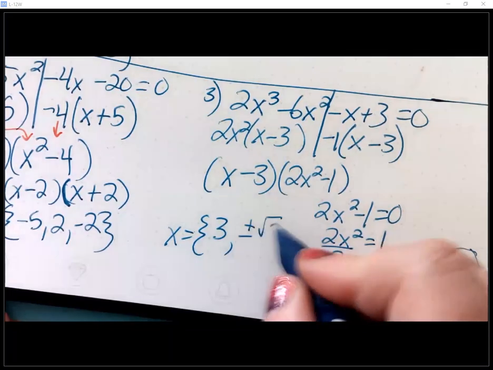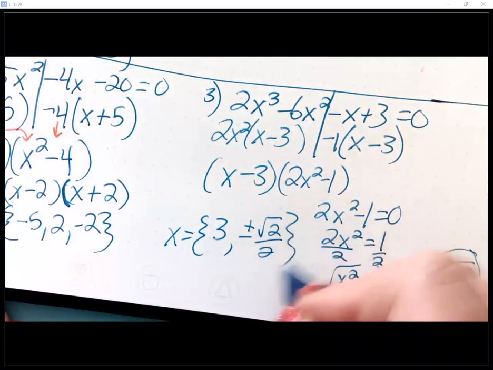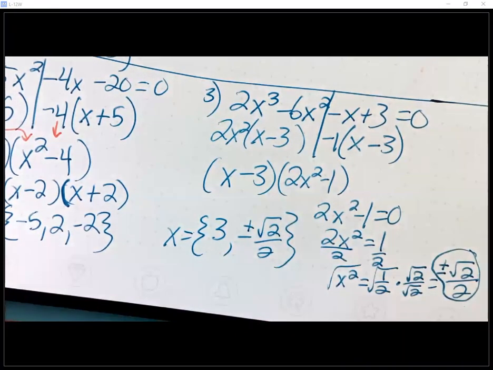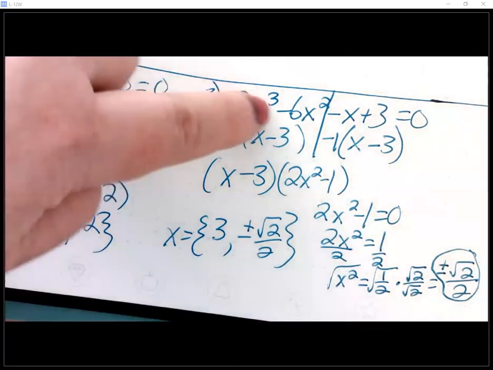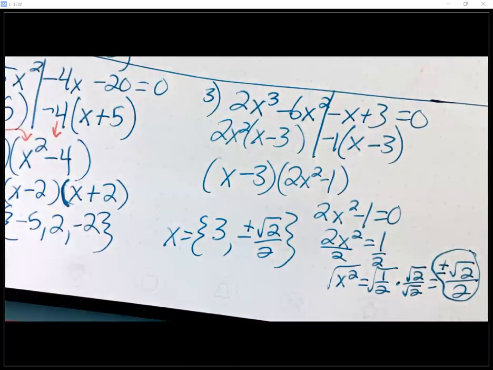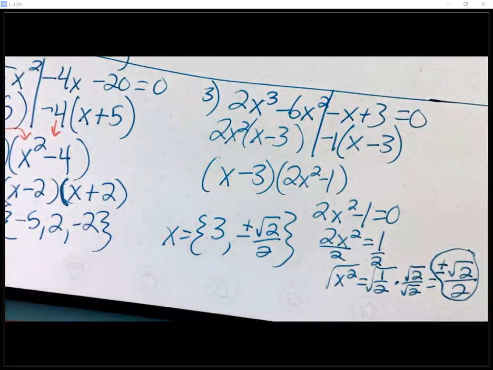I was supposed to have 3 answers. I do, right? I knew I was going to have 3 answers because that was the degree of my original problem. So there they are, 3 and then positive root 2 over 2 and negative root 2 over 2. If you forget the plus minus, you'll only have 2 answers. And then you'll be like, I was supposed to have 3. Oh yeah, I just forgot plus minus, no big deal.